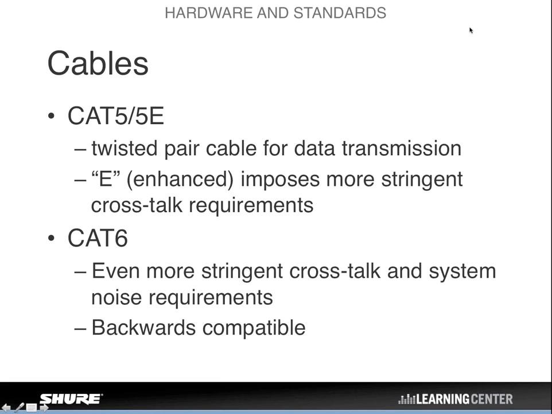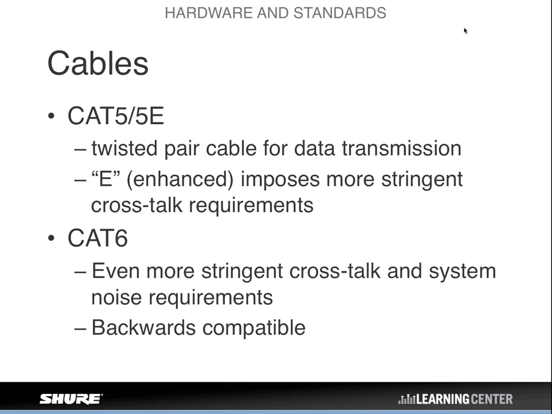You don't need to know a ton about these cables other than the fact that some of the devices you might be networking may require certain types of cables. So a takeaway from this slide is that different types of cables exist, and when you're networking some devices together you may have to get the right type of cable.